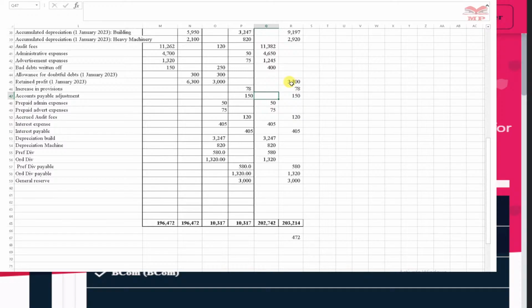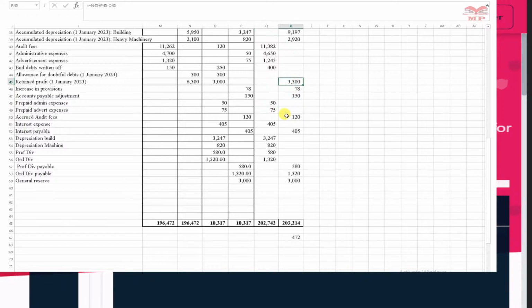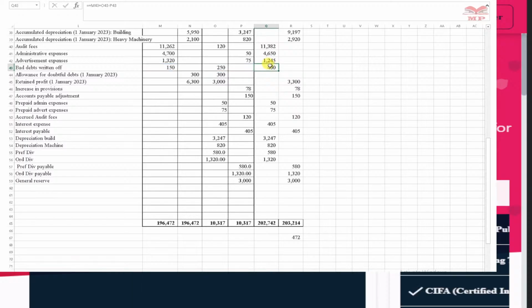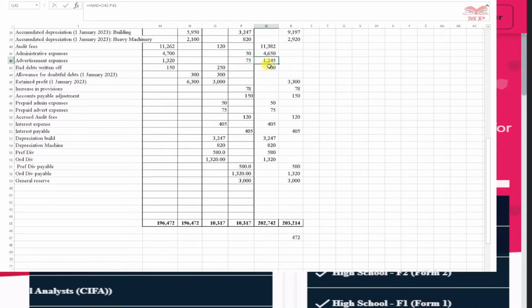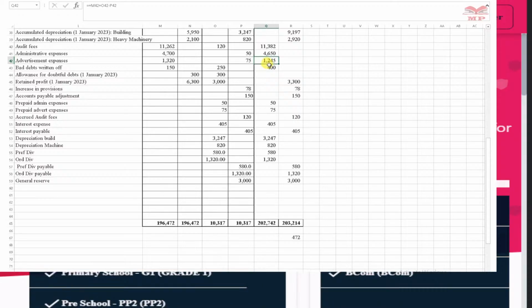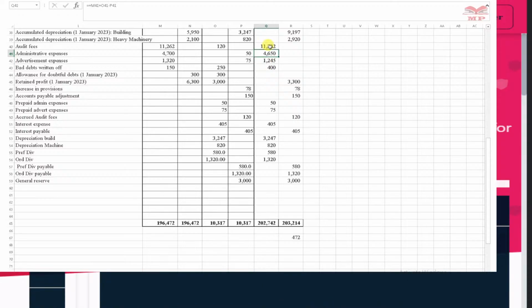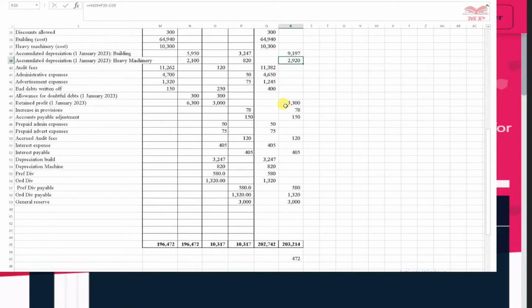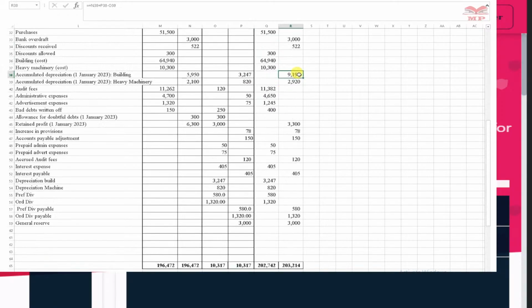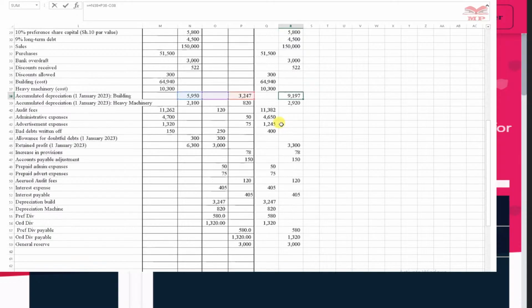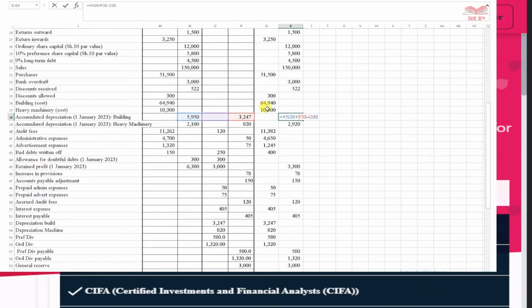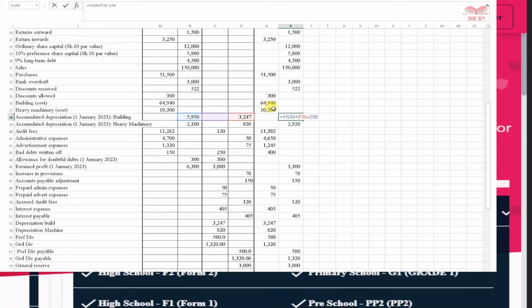This one here is okay. We don't have, so 400 we have because it's coming from there, those two combined. 1245, 4650, 11,382, and 20,197. Okay, because it's going to be those ones there. 10,300, 69,940. So excuse me, that one.